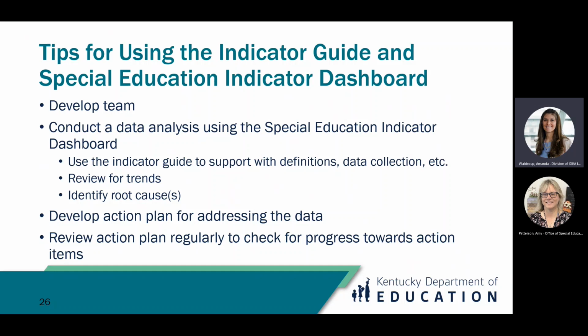From there, within the data dashboard, you can begin to review for trends and potentially identify root causes. Once those root causes are identified, an action plan could be generated to help address the data, and then review the action plan regularly to check for progress towards those action items.